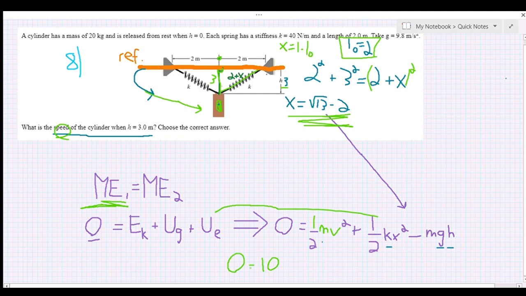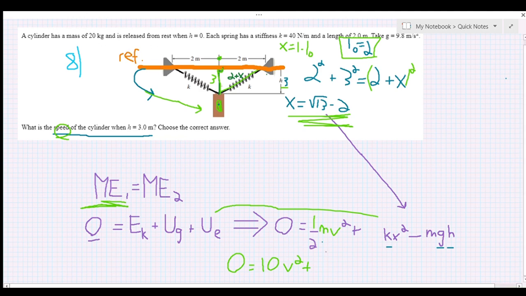And so we're going to get that 0 is equal to 10v squared plus, oh sorry, not half kx squared, since you have two springs. Again, my mistake, making a lot of mistakes today, it's late and I'm tired. It is equal to kx squared minus mgh.